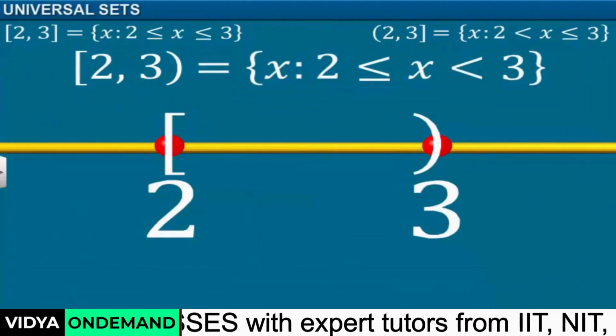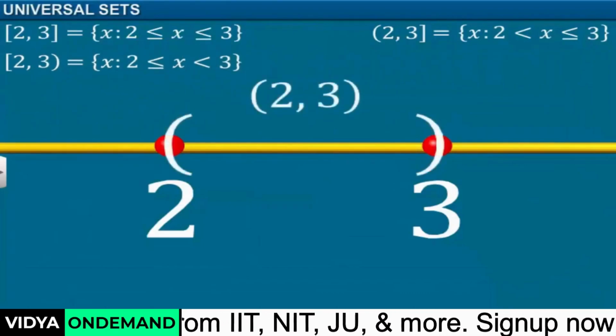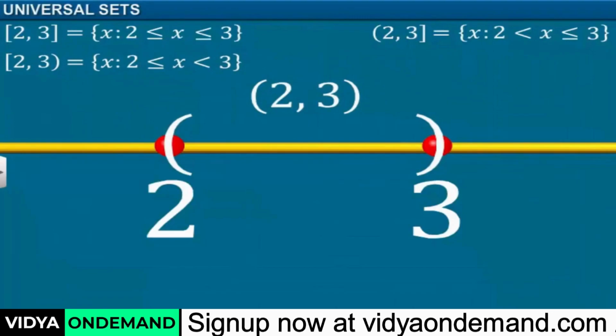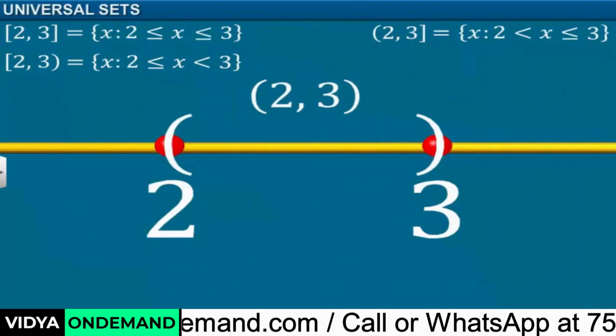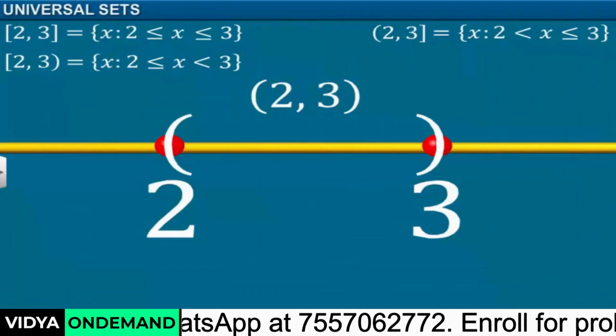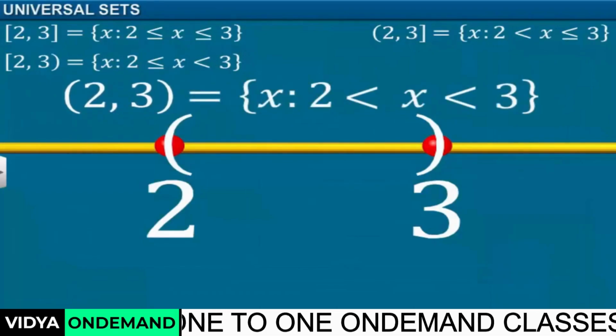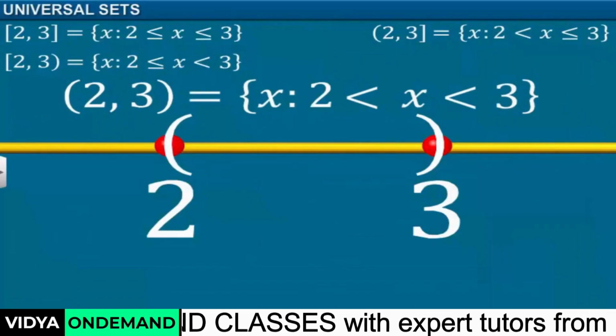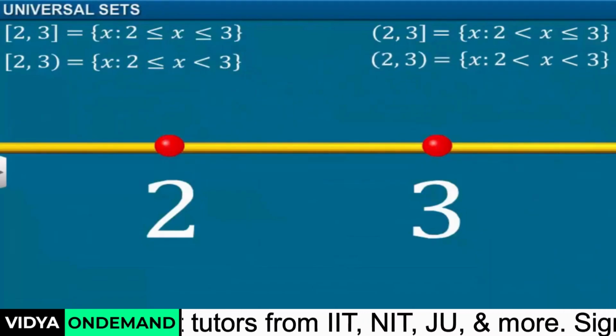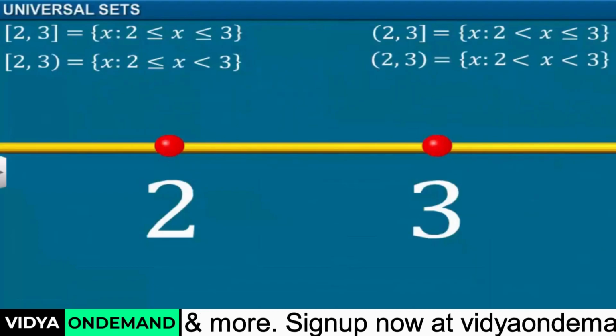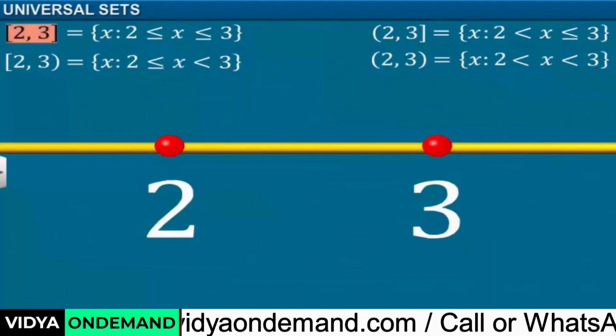The fourth interval is all the numbers within the interval 2 and 3, excluding 2 and 3. This interval is represented in the set builder form as shown. Of these sets, the set including the numbers 2 and 3 contains the greatest number of elements.